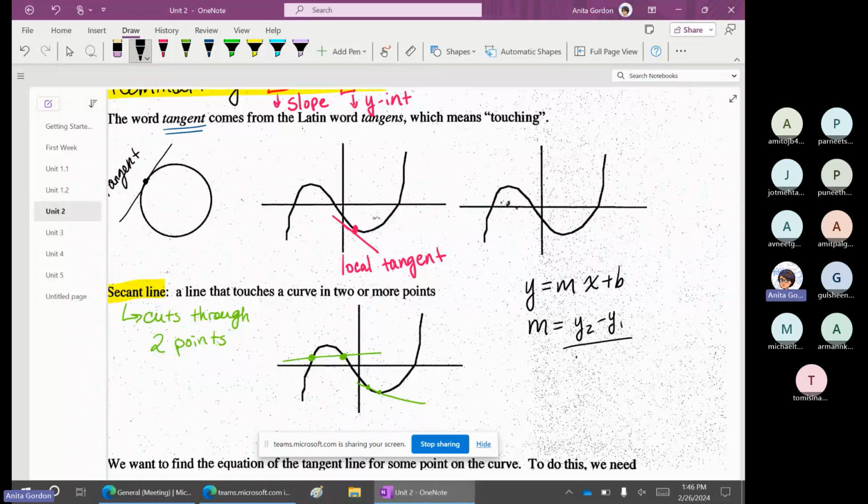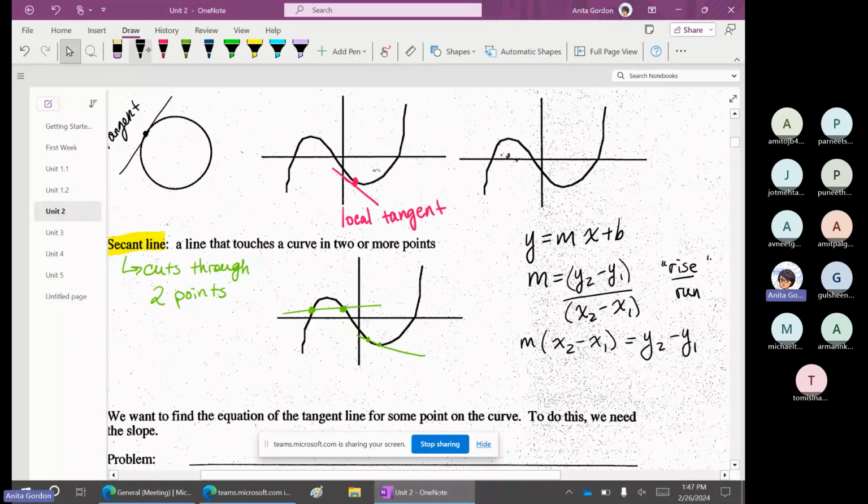We only need 1 point in order to find the equation, but we can use 2 points in order to find the slope because we have this rise over run equation, right? If I put my numerator and denominator into brackets, I could also set up this equation by rearranging it. If I move the x bracket over to the other side, I end up with this equation.